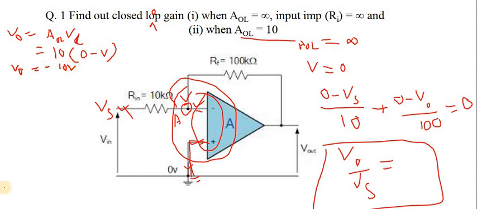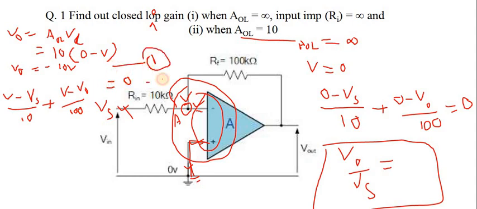One more equation you can write, KCL here: (V minus Vs) divided by 10 plus (V minus V naught) divided by 100 equals 0. So you have two equations.